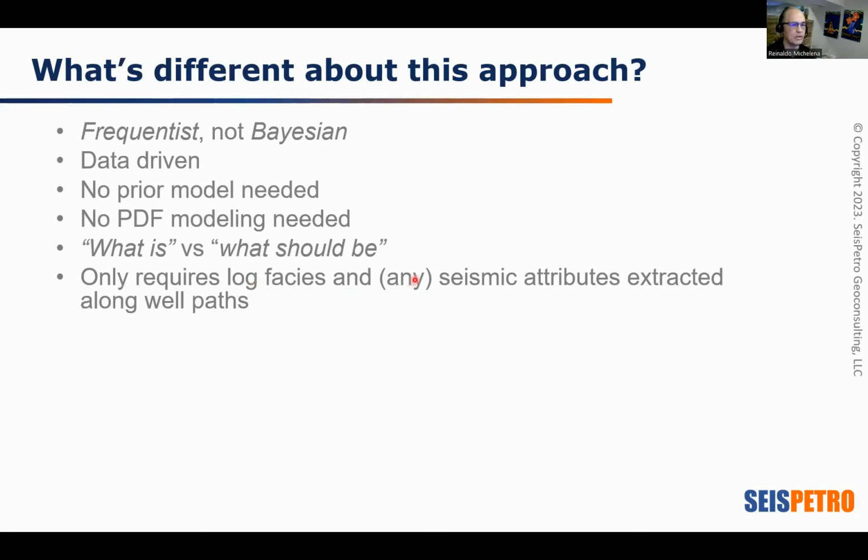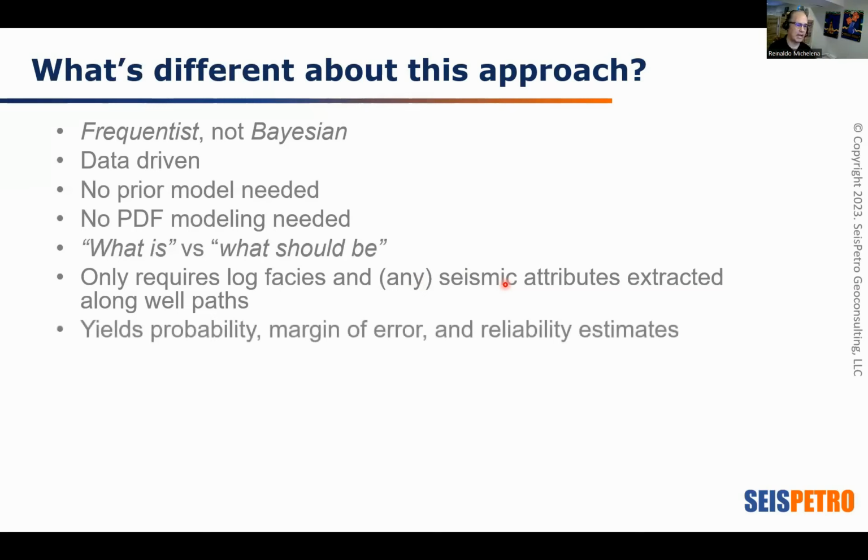Basically, we can use any attribute that we think is related to what we're looking for, and we use attributes extracted along the well path. We don't need the equivalent of the attribute that we are analyzing to also be represented as a log along the well path. The result of the analysis is the probabilities, also the margin of errors, and reliability estimates.